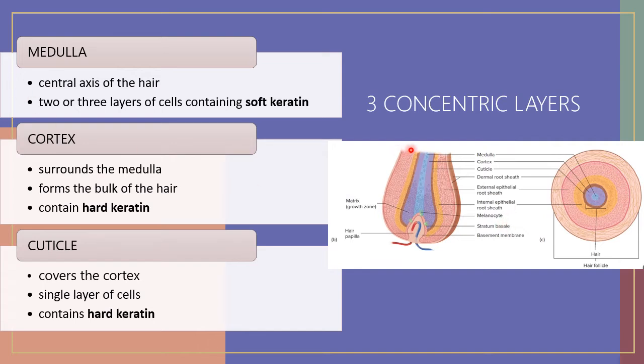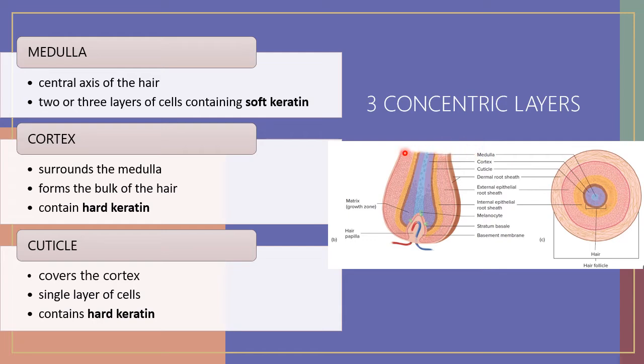So the root and the shaft are composed of columns of dead keratinized epithelial cells. These are arranged in three concentric layers, okay, which are your medulla, your cortex, and your cuticle, no? Your medulla is the central axis of your hair. So nasa inner, no?